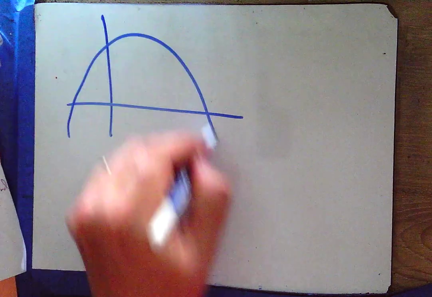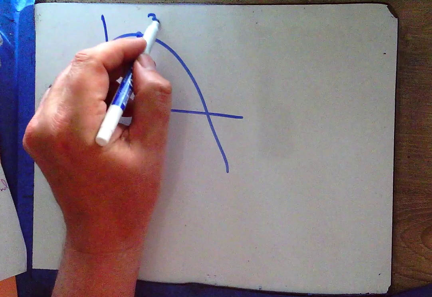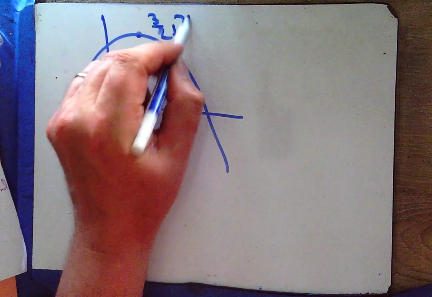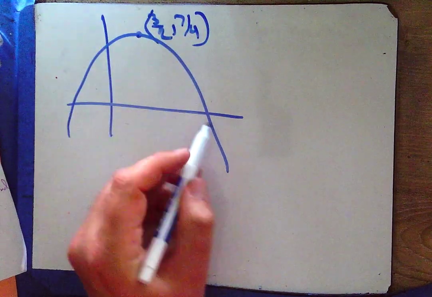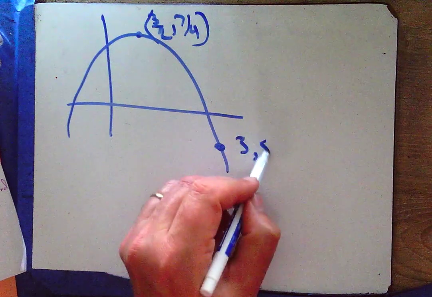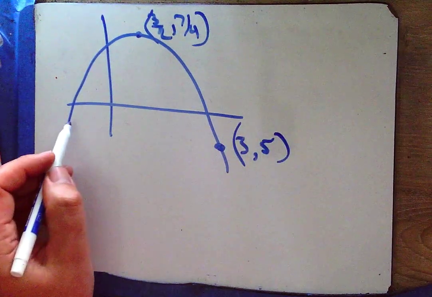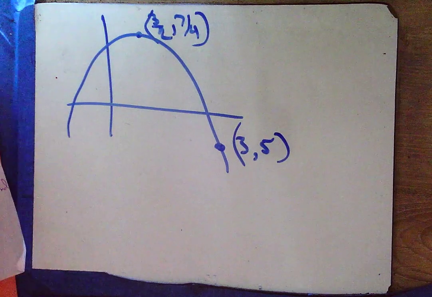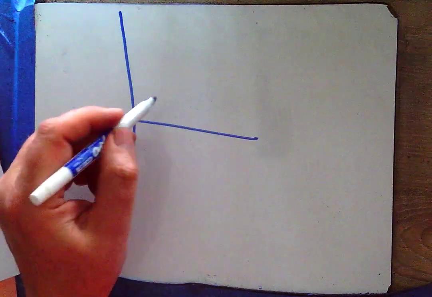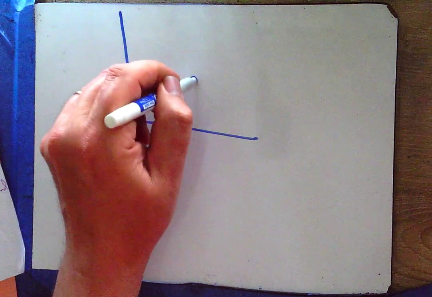So here's my graph. This point is 3 halves, 7 fourths. This point is 0, negative 5. Whoops, sorry. Why? Well, because my y-intercept is down here.